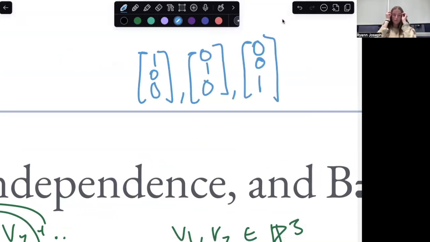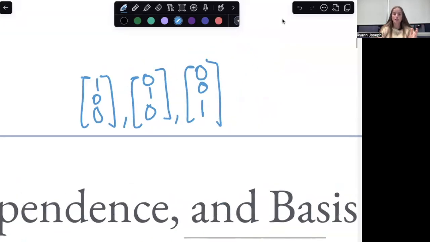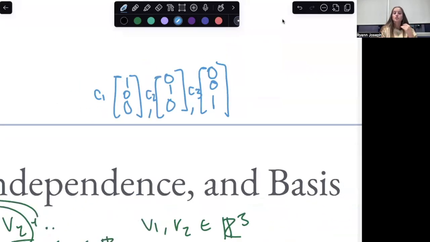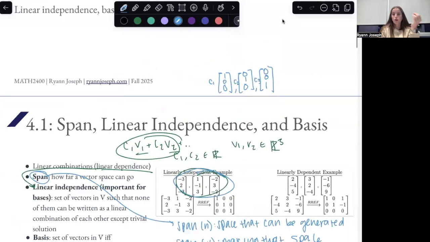Think of these 3 vectors: you can linearly combine them some way, C1, C2, C3, to make every single vector in R3. Literally every single one, right? Because you can change C1 to scale it in the X direction, change C2 to scale it in the Y direction, and change C3 to scale it in the Z direction. So these 3 vectors span R3.